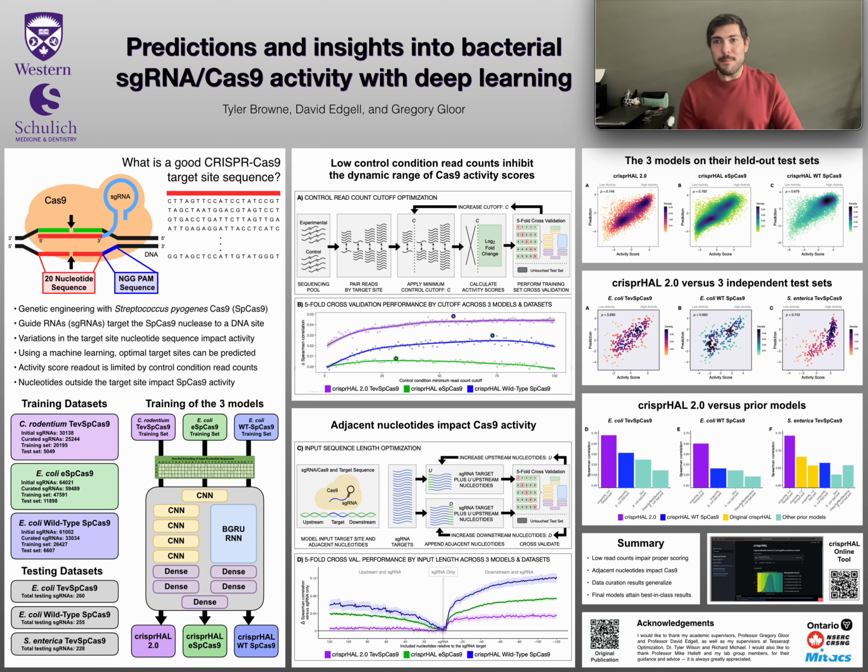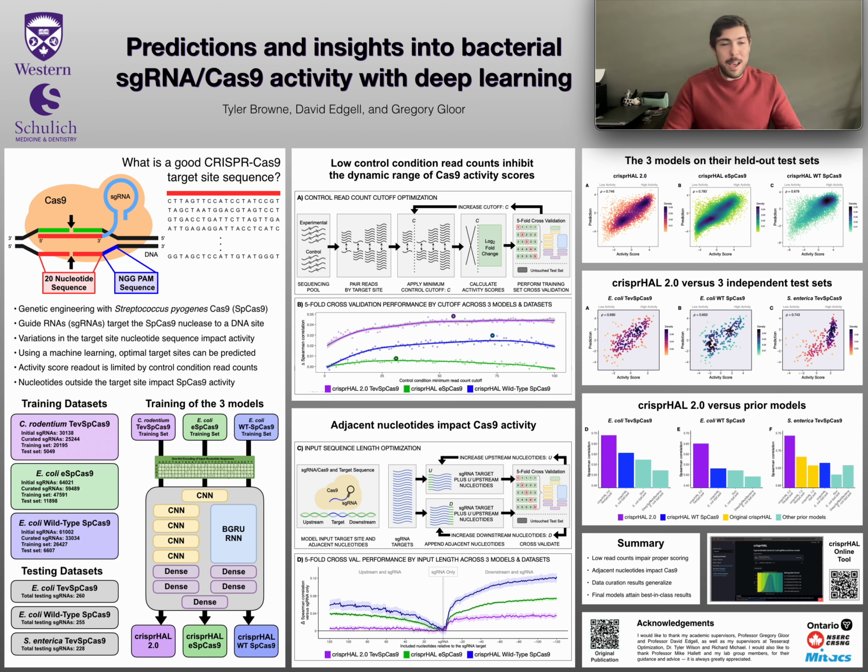Now, previously, work has shown that you can predict these target sites using machine learning. Nucleotide sequences significantly impact activity. What was noted was that although these predictions are great, there's potential for improvement by focusing on the data itself rather than the machine learning. Activity score readout is limited by control condition read counts.